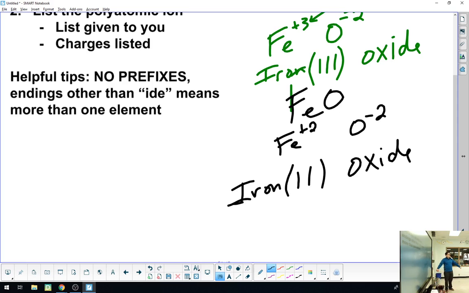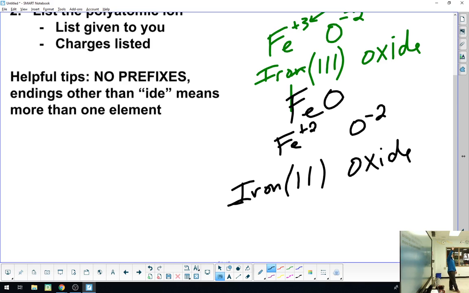Isn't another way to say something rusted that it oxidized? Yes. Oxidation is a type of chemical reaction we haven't talked about yet. It's the same reaction type as things burning, you breathing, anything being introduced to oxygen. Oxidation reaction.